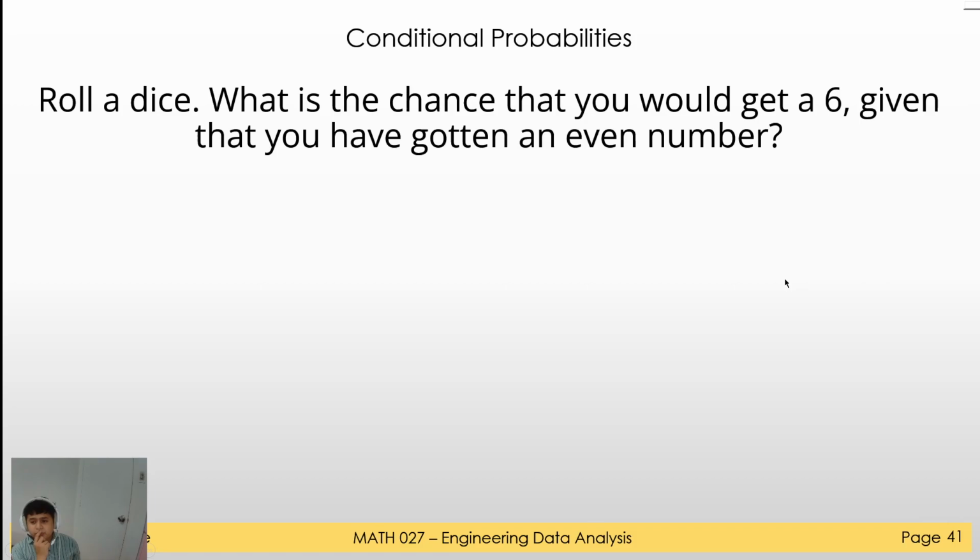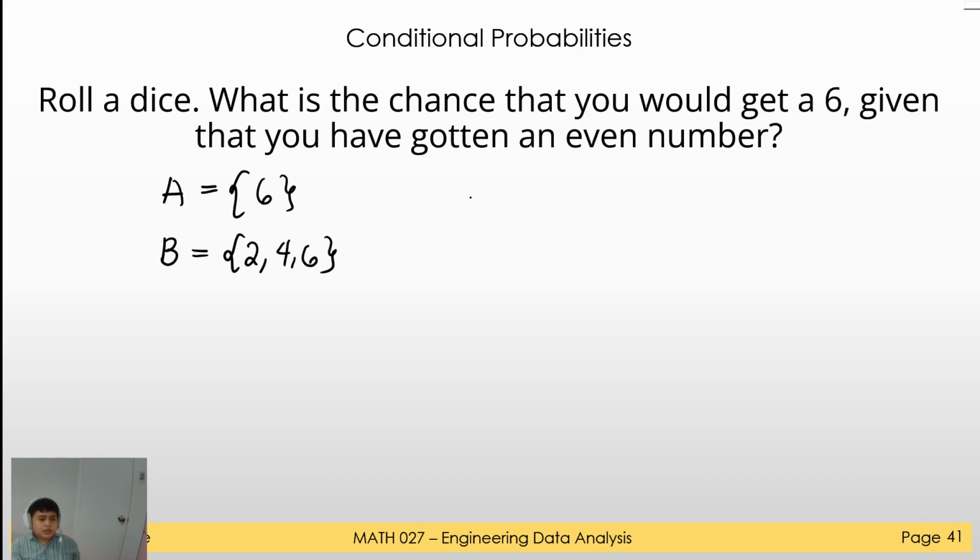Now, let's have an example. What is the chance that you would get a 6 given that you have gotten an even number? The sample space is just 1 to 6, and the probability we're trying to find is the probability of A given B. Event A is that you will get a 6, and event B is even numbers, which are 2, 4, and 6.